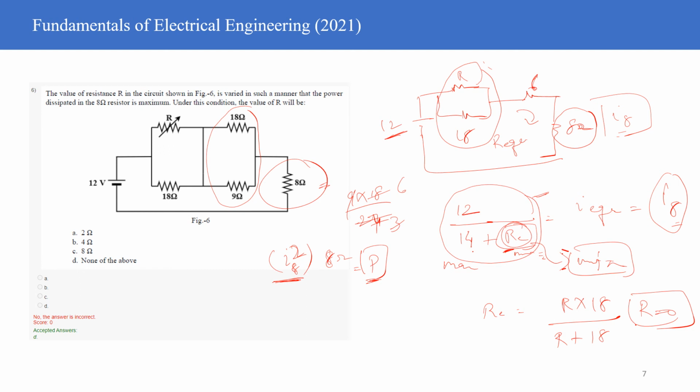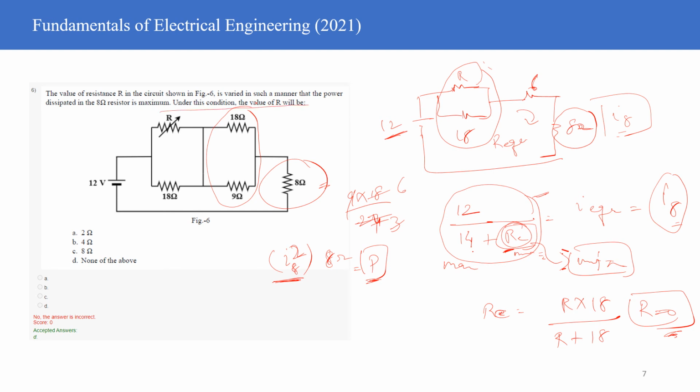At R equal to 0, the R effective value will be equal to 0, because 0 into anything is 0, right? I'm hoping you are understanding. So if R is equal to 0, then the power dissipation is going to be maximum.